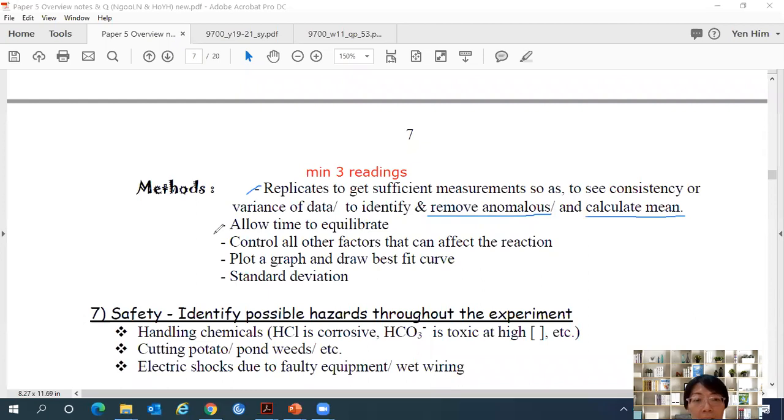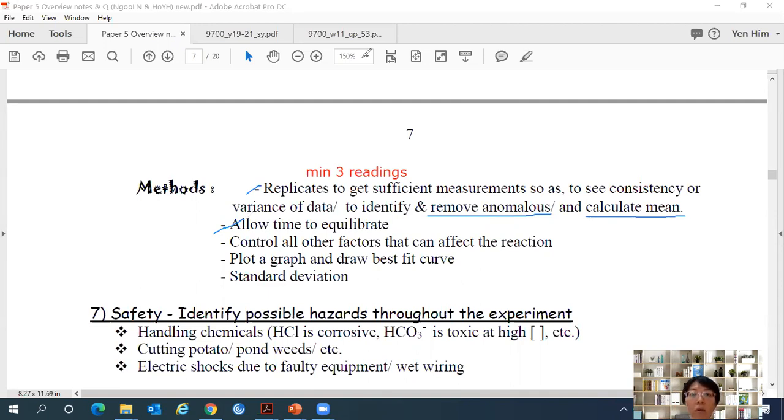Next, you must allow time to equilibrate. Allowing time to equilibrate can improve reliability. Let's say, for example, I want to conduct an experiment at 30 degrees Celsius. My enzyme must be put into the water bath for at least, let's say, 5 minutes to ensure that the temperature of my enzyme is raised to the temperature of the water bath.